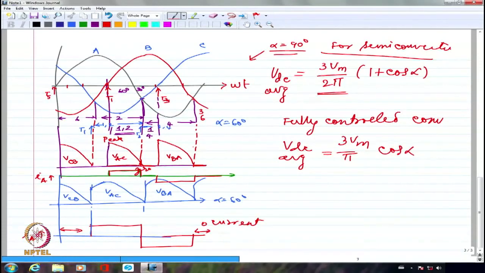So, if I try to actually plot what is the value of voltage I get with respect to alpha, right?